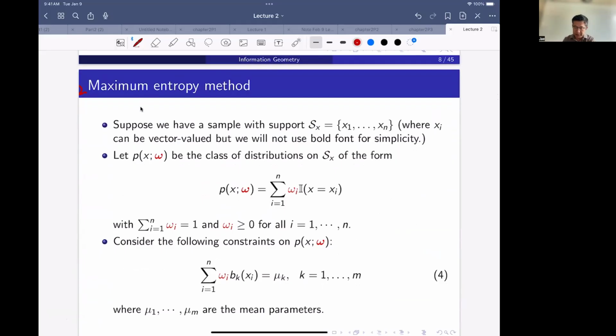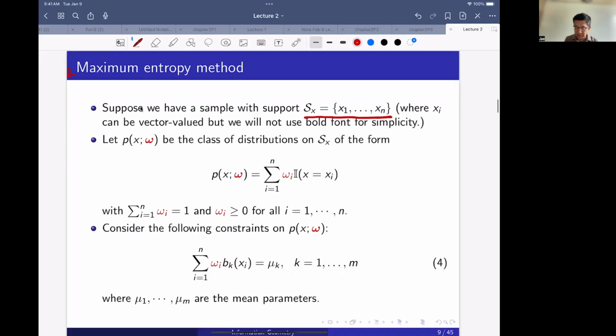Okay, so let's assume that you have a discrete measure, so discrete random variables. Or you assume that even though it's continuous, you don't worry about the sample outside the realized sample support. Okay, so this is given.